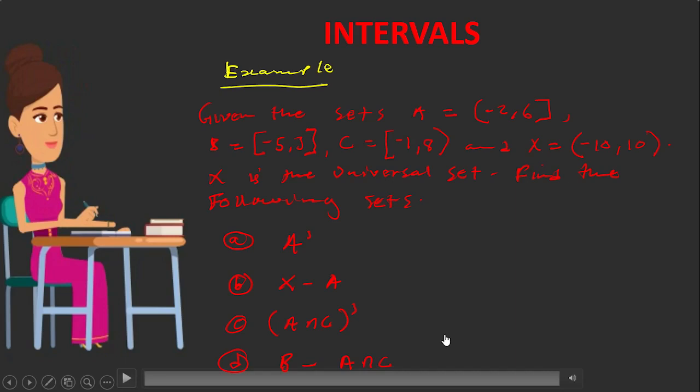We can start with A. For A, it is A complement, and you need to note that A is simply equal to the open interval -2, 6 close bracket. Let me emphasize this. If a question is like this, do not think about any method apart from the number line.